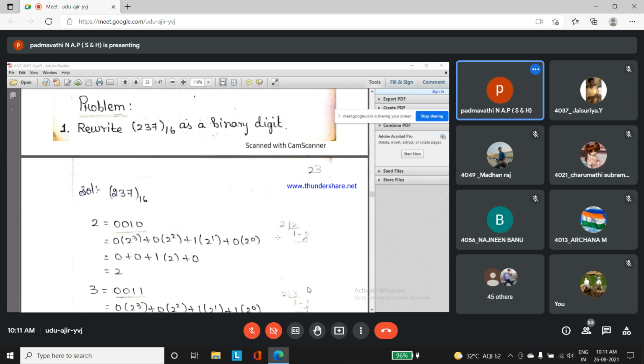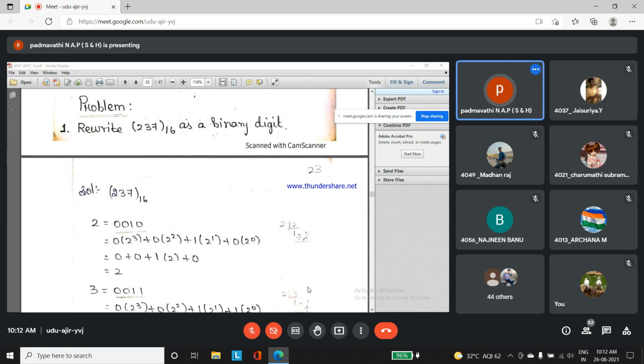Binary number basis should be 2, so divide by 2. 2 divided by 2: 1 twos are 2, remainder 0, so here we get 1 and 0.